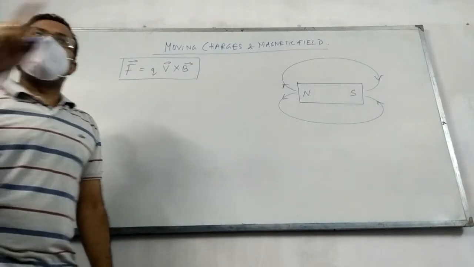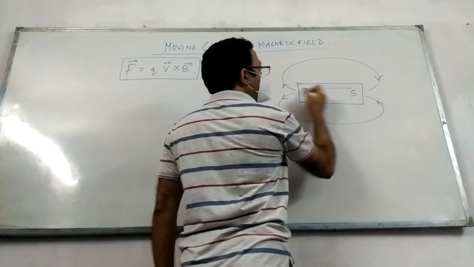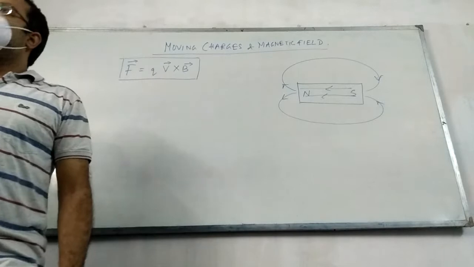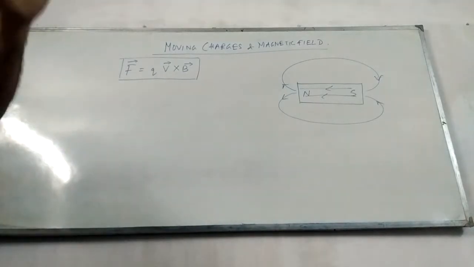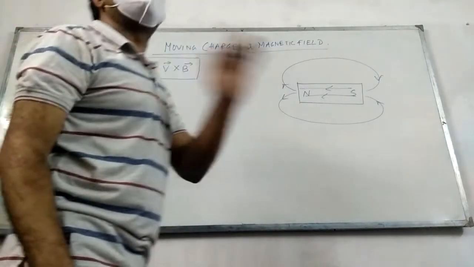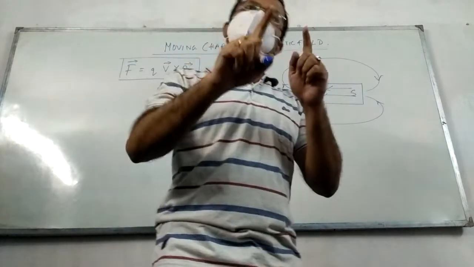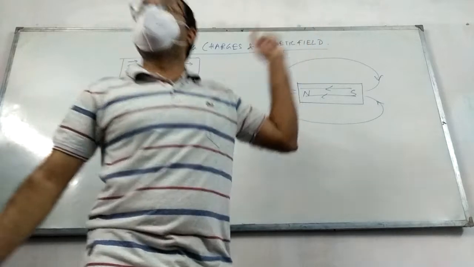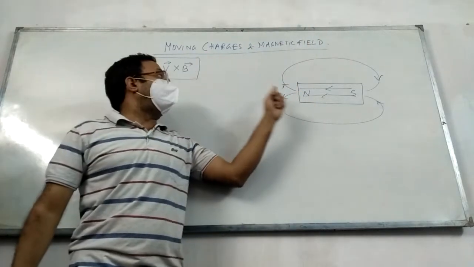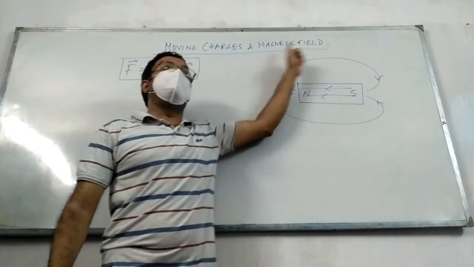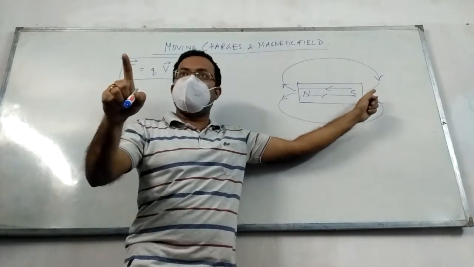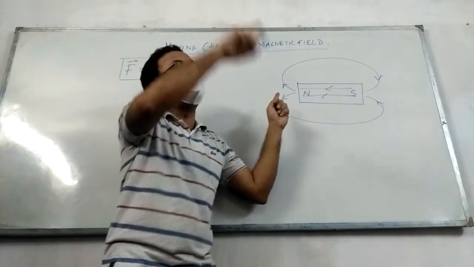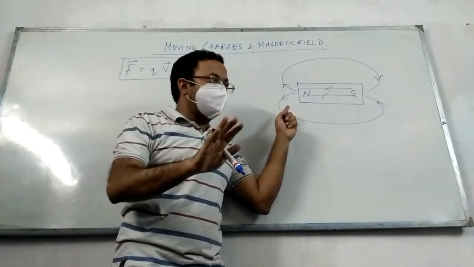But inside the magnet they run from south pole to north pole because they create complete loops, not like electric field. Electric field does not create complete loops. Electric field lines always originate from a positive charge and terminate on a negative charge. But these magnetic field lines originate from the north pole and terminate on the south pole outside the magnet, and inside the magnet they run from south pole to north pole to complete the loop. Is that clear?